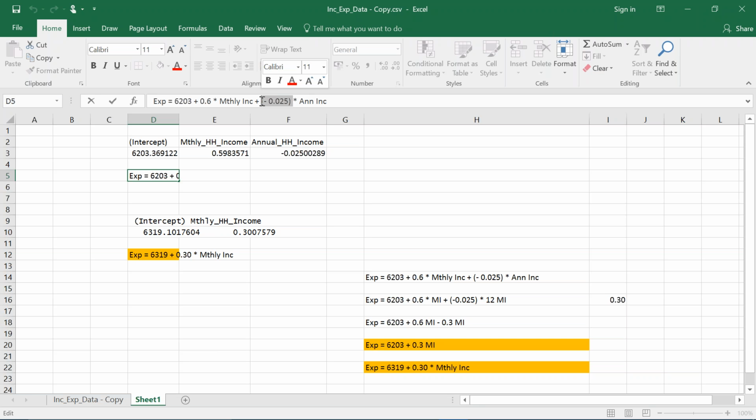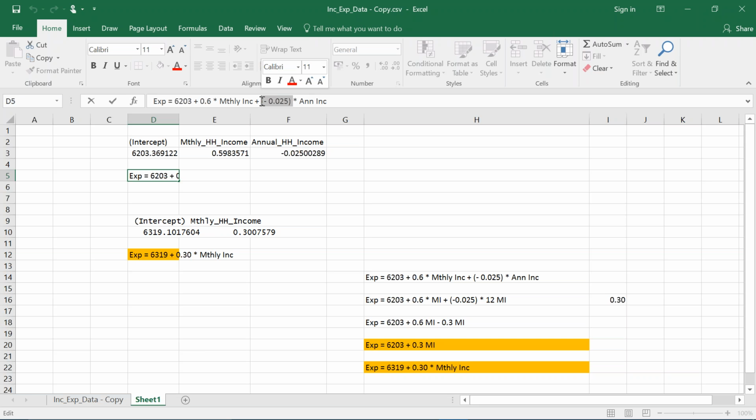Then you will have the problem of multicollinearity. And when there is a problem of multicollinearity, you will see that one of the two variables most often will have an unstable beta. In this case, the beta of annual income was coming as negative.